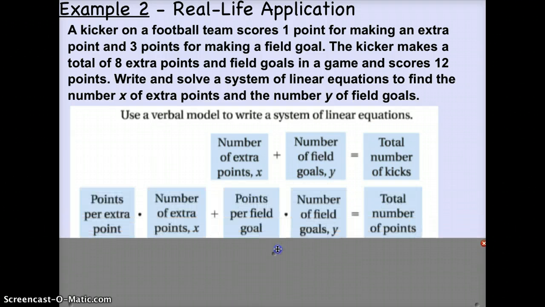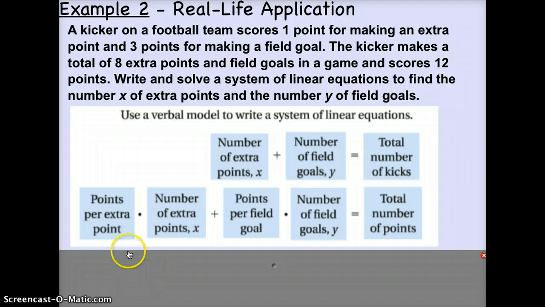Our second verbal model is going to be the points per extra point, times the number of extra points, x, plus the points per field goal times the number of field goals, y. And altogether, this is going to equal your total number of points.